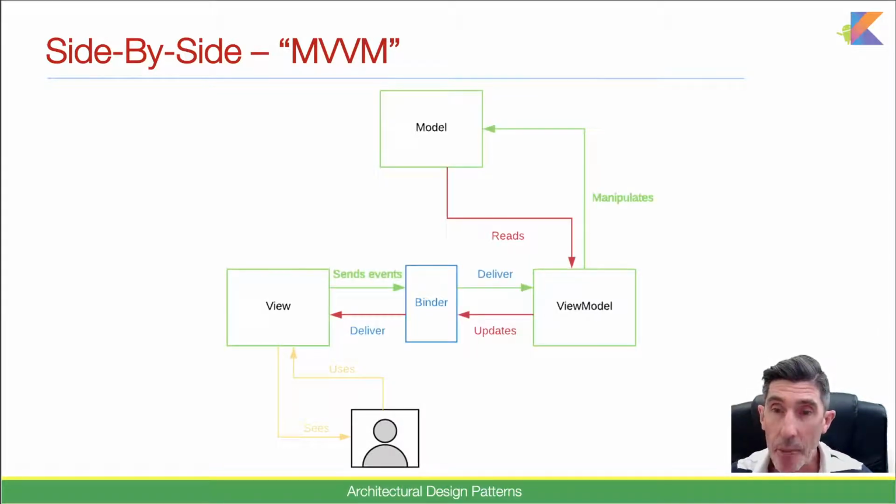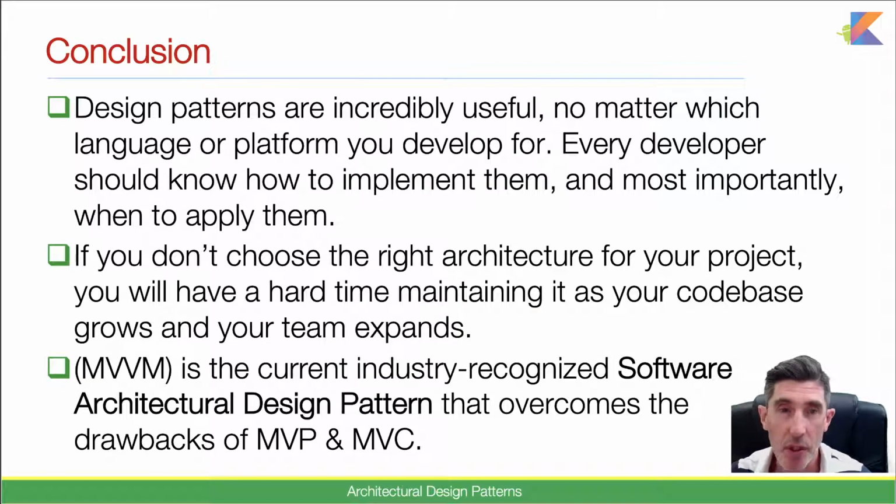Whereas MVVM brings in this binder, and all that is concerned about is handling events and updating. Technically it's not concerned directly with the data itself. That gets its updates from the view model, which in turn gets its information from the model. So there's a nice balance of decoupling there. It helps testing.